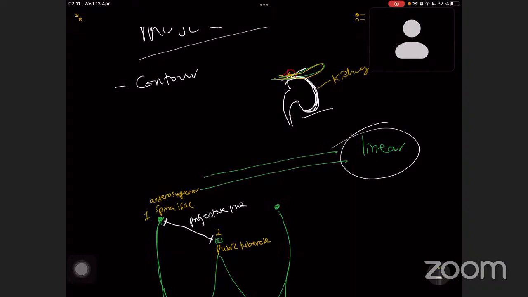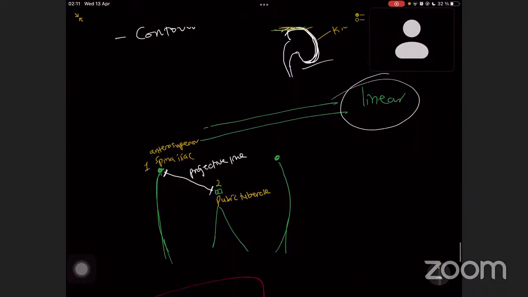And the position of any linear anatomical structure, for example, the inguinal ligament. When you have any linear anatomical structure, we describe the surface of the body with the help of the surface landmarks.